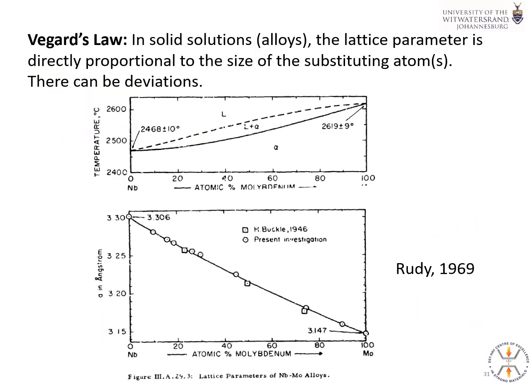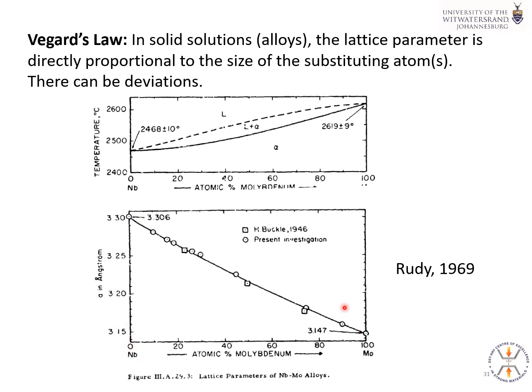Then there's a thing called Vegard's law. And this is niobium molybdenum. There's the phase diagram. I've chopped out the molybdenum. And you can see it's a really boring phase diagram. It's just an isomorphous solid solution going across. And as you add molybdenum into it, the lattice parameter is coming down because molybdenum is smaller than niobium.